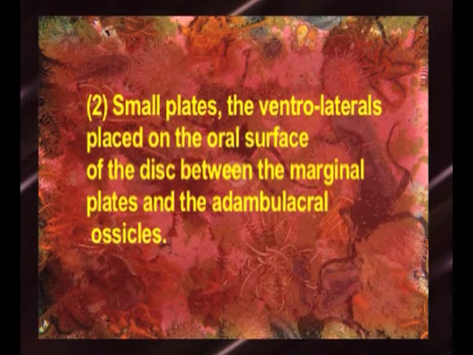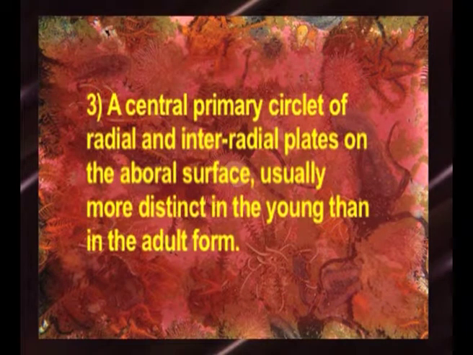Small plates, the ventrolaterals, placed on the oral surface of the disc between the marginal plates and the adambulacral ossicles. And number 3, a central primary circlet of the radial and interradial plates on the aboral surface, usually more distinct in the young than in the adult form.